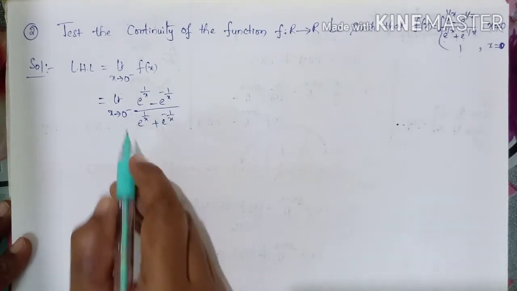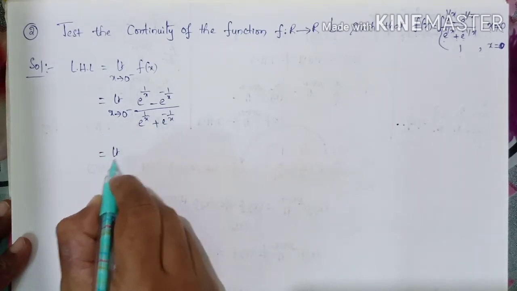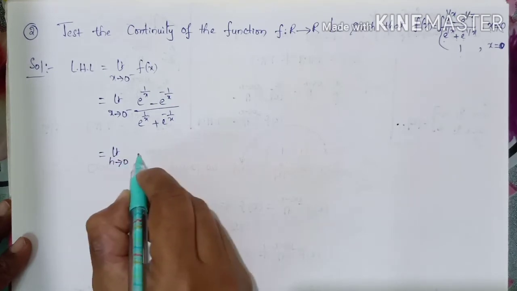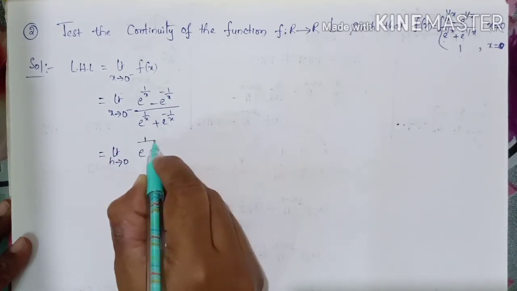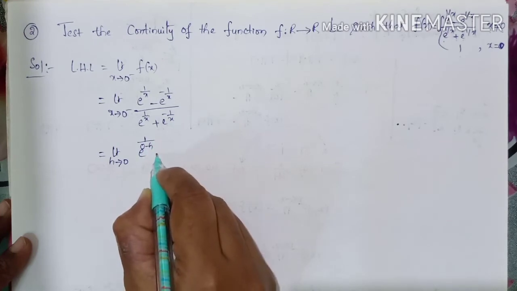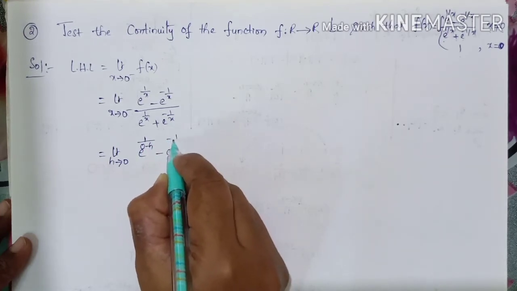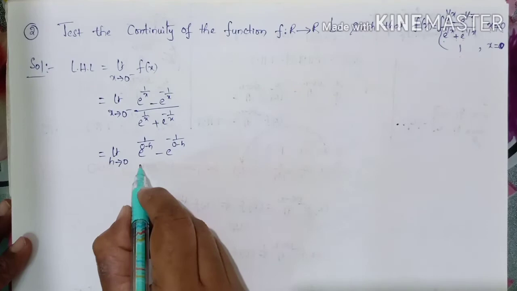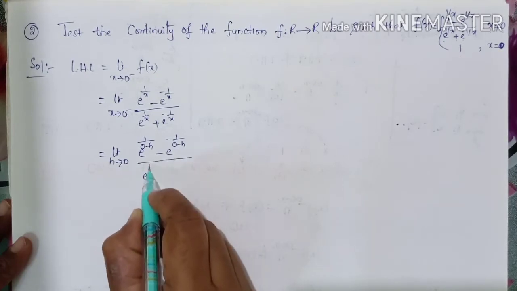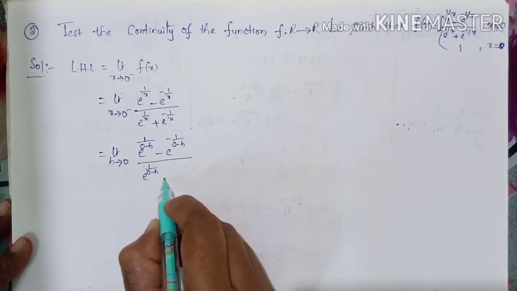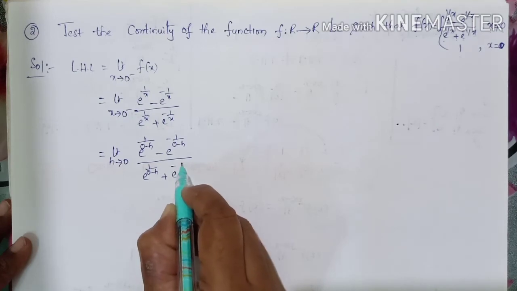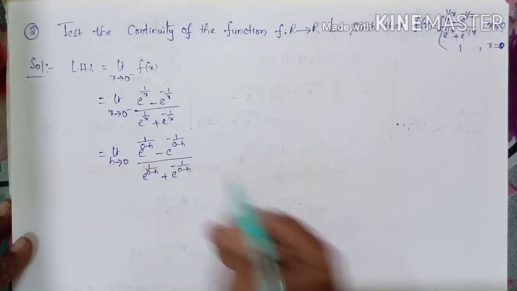We replace x by 0 minus h as h tends to 0. Limit h tends to 0, (e power 1 by 0 minus h minus e power minus 1 by 0 minus h) by (e power 1 by 0 minus h plus e power minus 1 by 0 minus h).